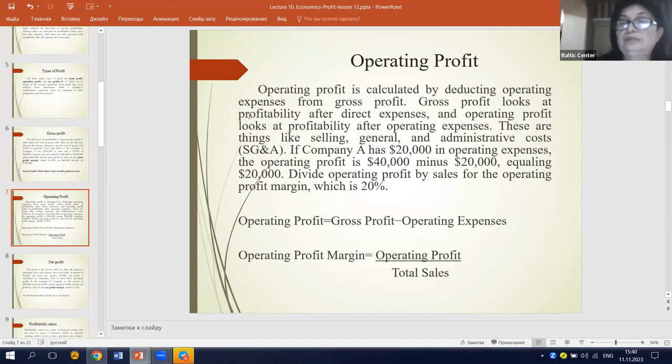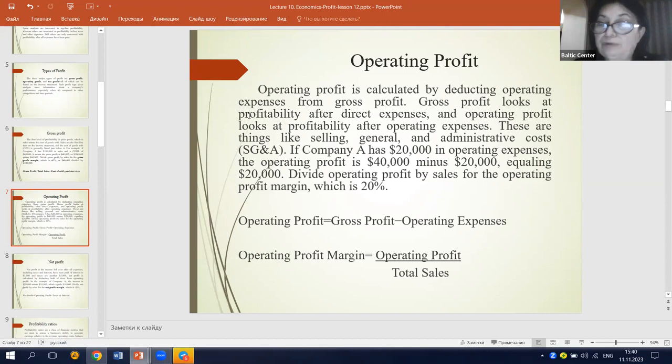If company A has 20,000 in operating expenses, the operating profit is 40,000 minus 20,000, equaling 20,000. Dividing operating profit by sales gives the operating profit margin, which is 20%.